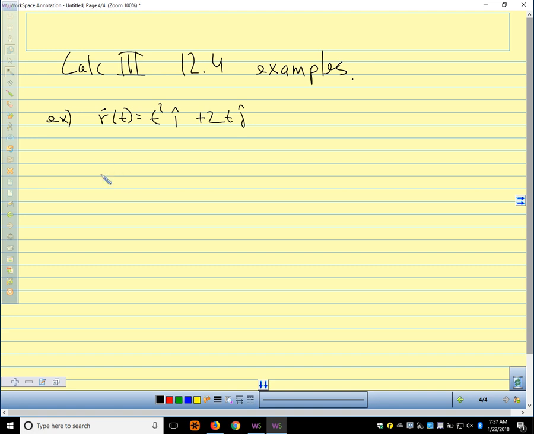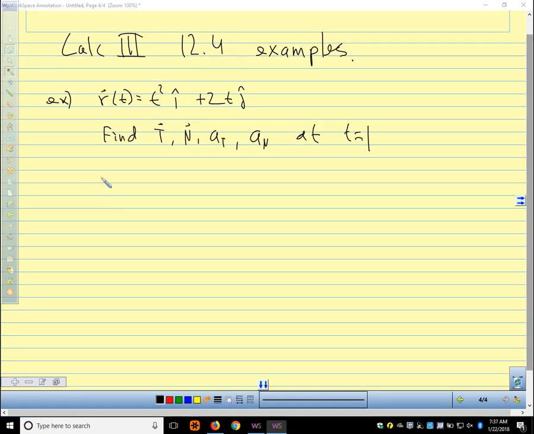And the question might say, this is not an unusual question for this section, find t, n, a sub t, and a sub n at t equals 1. So all these quantities are related, so you end up calculating them all.